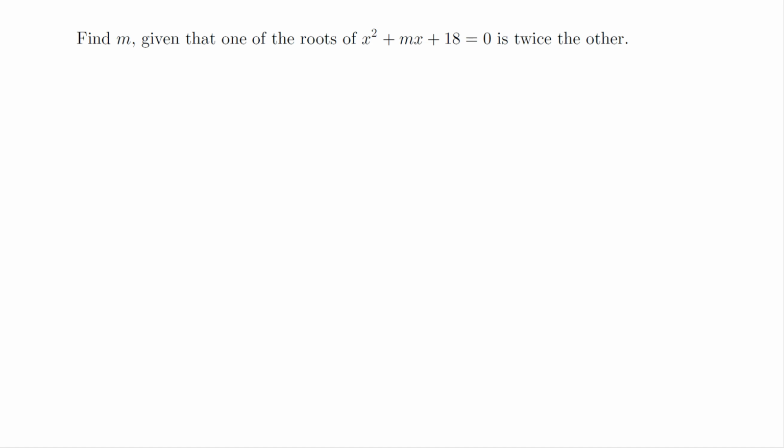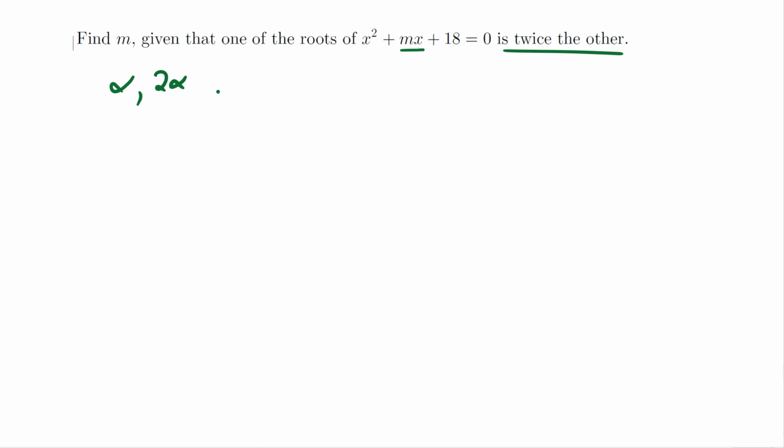Now for my next example, I want to find a value of m which will ensure that one of the roots of this equation is twice the other, but without obviously finding the roots, because I don't have the value of m. So what is this telling me? If one root is twice the other, well, let's let one root be alpha, and therefore the other root is twice alpha.